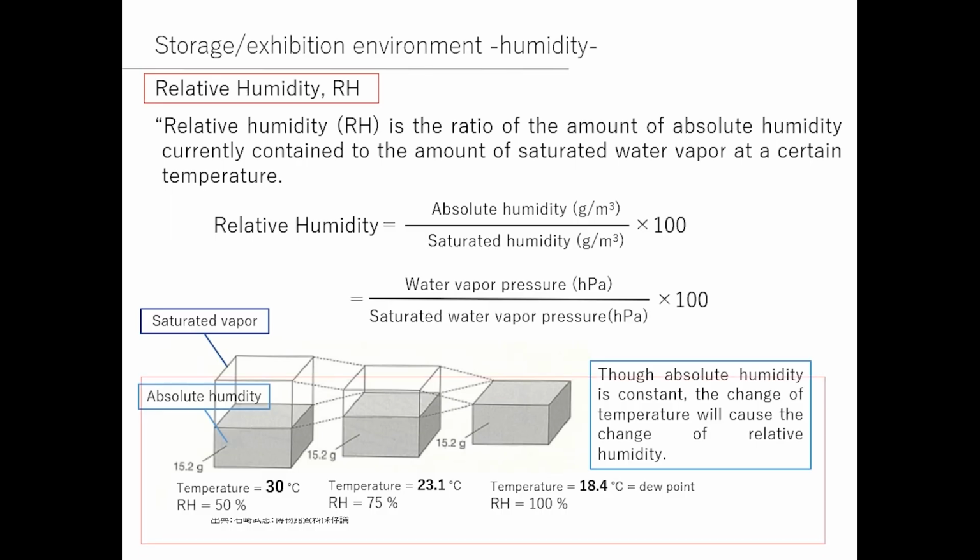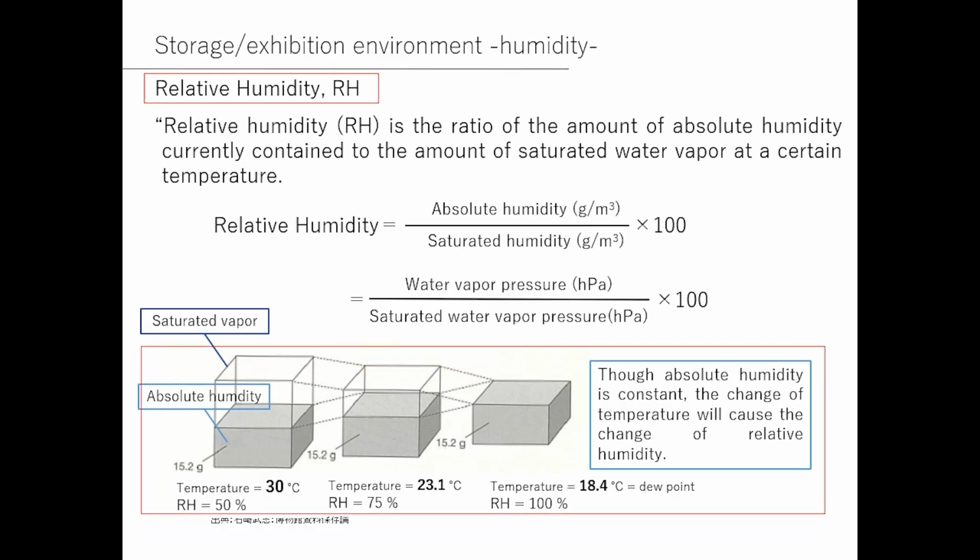The figure at the bottom of the slide shows the relationship between absolute humidity, the amount of water vapor if saturated vapor, and relative humidity. Here, the size of the container represents the amount of water vapor if the air is saturated, and the actual amount of water in it represents the absolute humidity.